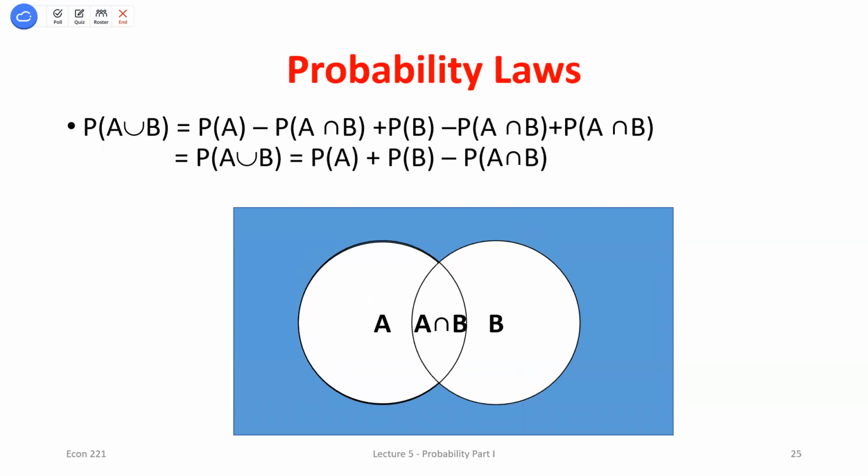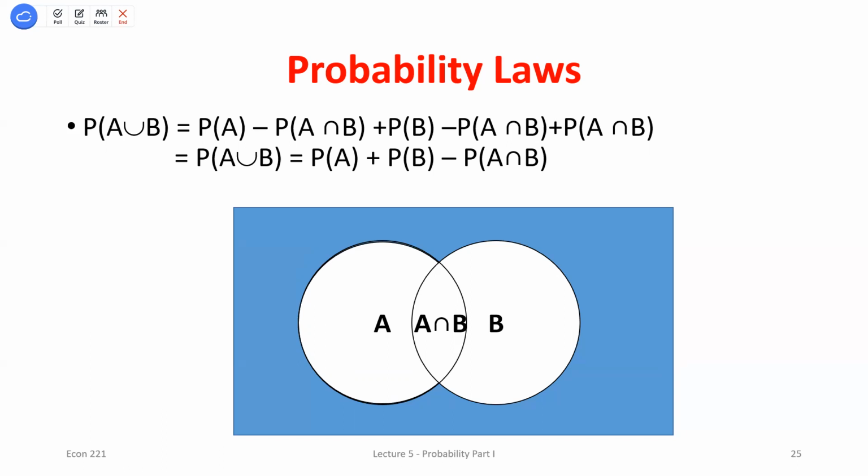Another way of thinking about this is to break the union down into 3 components: this crescent moon, this crescent moon, and the overlap of the two. The crescent on the left is everything that's in A, but subtract out the intersection of A and B. The right crescent is everything that's in B, subtract out the intersection.